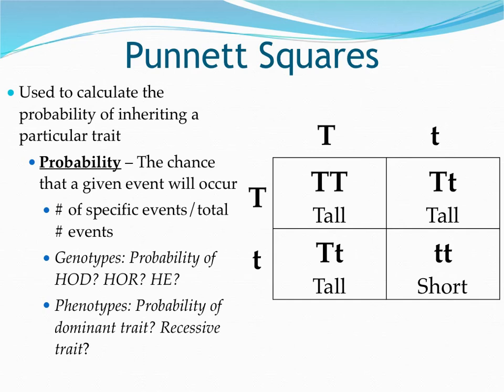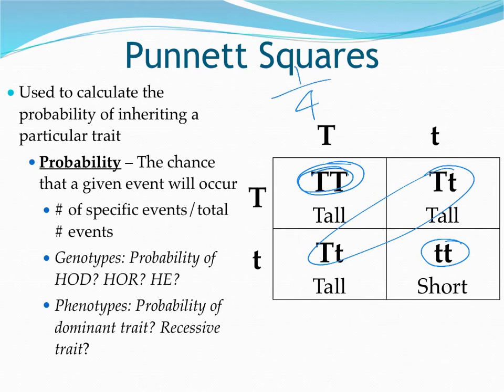In this case, what would be the probability of getting a homozygous dominant? Well, if we have 1 homozygous dominant, 2 heterozygotes and 1 homozygous recessive, the total number of outcomes is 4. If we're only getting 1 homozygous dominant out of these 4, the probability is 1 out of 4, or 25%, or 0.25. You could express it any of these ways.